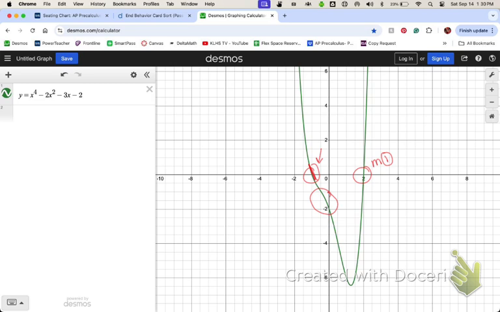If this was going to be a multiplicity of 3, maybe it might flatten out a little more like that. But even still, this is either going to be 3 and 1, or it's going to be 1 and 1. And so that means that I either have a 3 and 1 multiplicity, which is possible, or that I have a 1 and 1 multiplicity with 2 that have imaginary parts, okay?